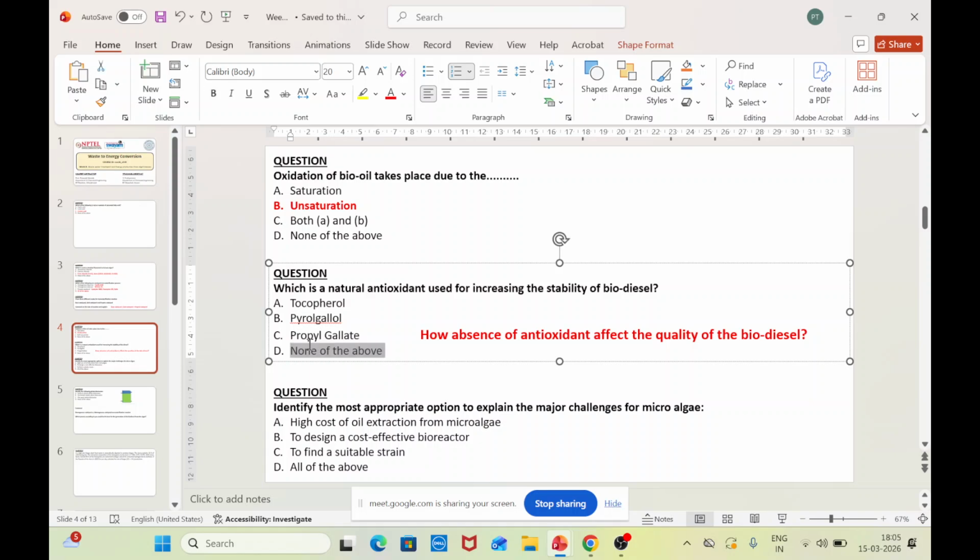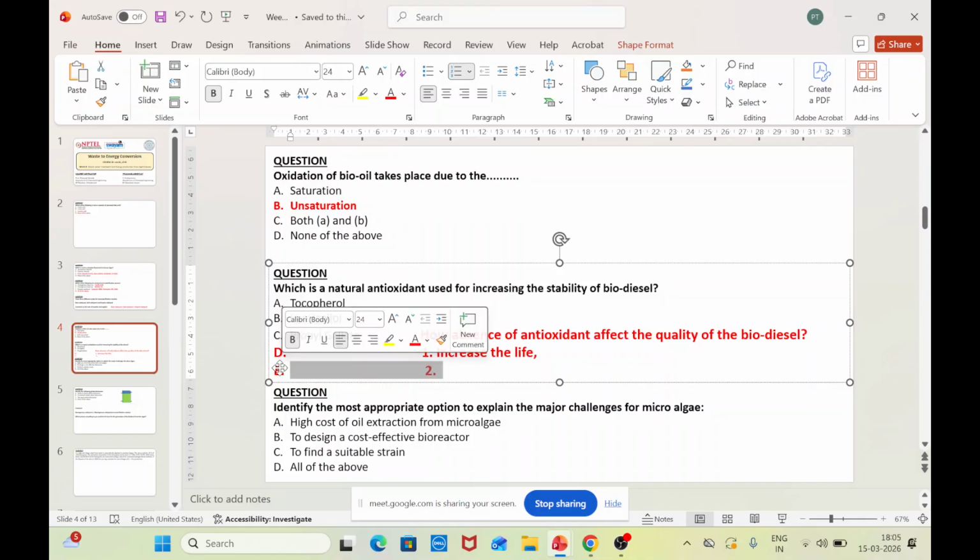Let's remove the none of the above option. Increase the life. Any other reason that you can think of? Just think about it. Okay, now let's first finish this question.